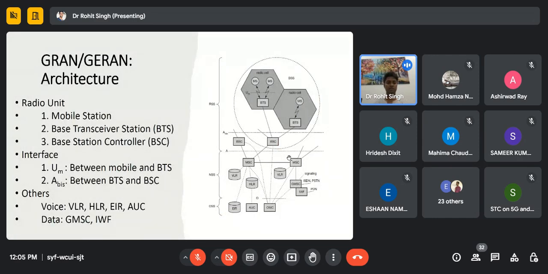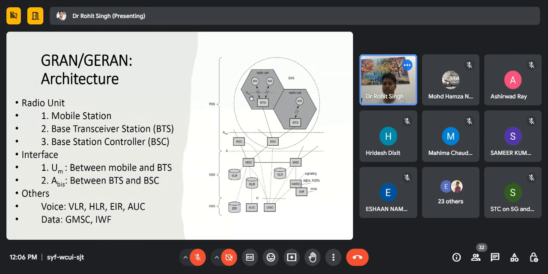So let me just introduce you to one of the radio access networks available in the second generation. Starting from the top, MS is the mobile station, that is your mobile, that is wirelessly connected to the base transceiver station via the wireless interface Um.